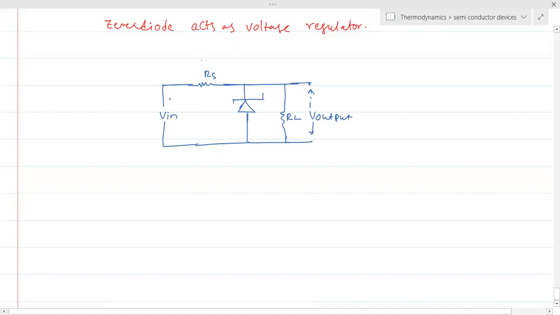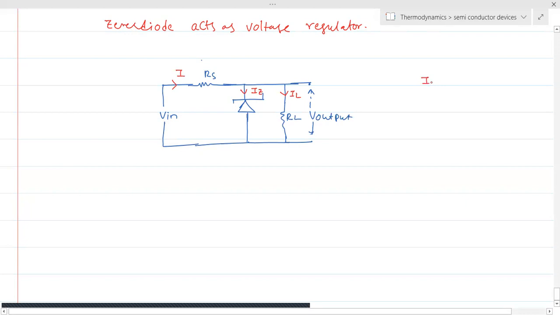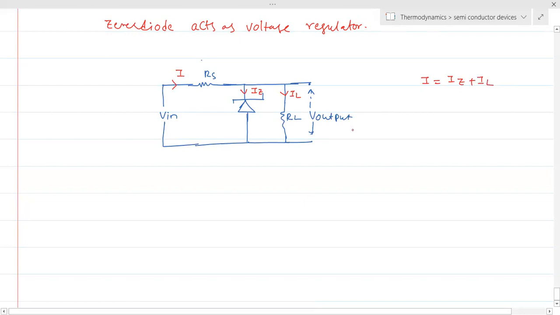Here we need to understand this. Suppose the total current is I, the current passing through the Zener diode is Iz, and the load current is IL. The most important relation is I equals Iz plus IL. Suppose the breakdown voltage is Vz, the Zener breakdown voltage.